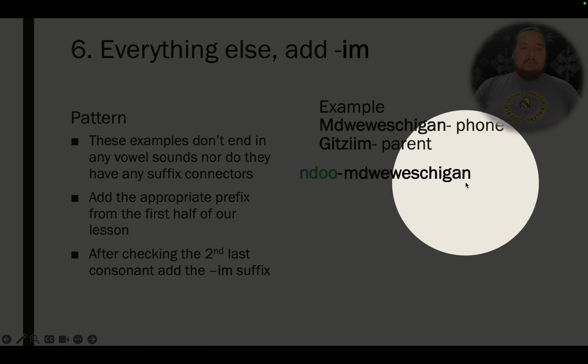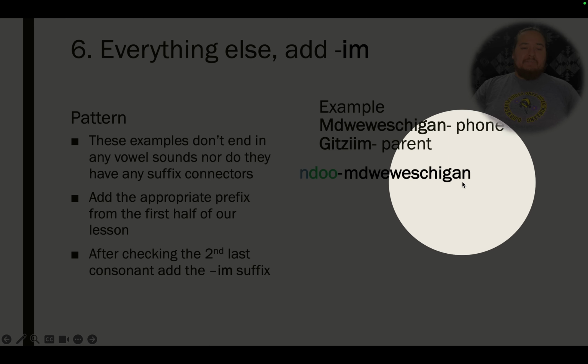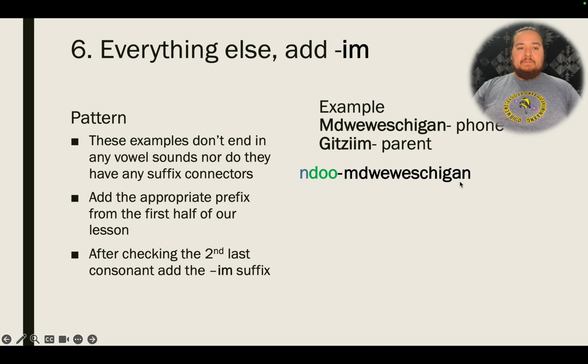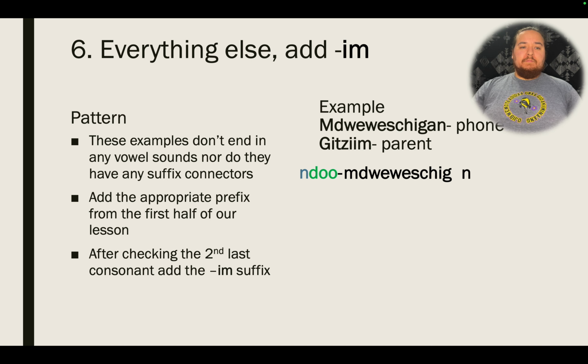So we have an N sound. That's our last consonant. Second last is G. Short vowel or vowel sound in front, short one after it. So we've got to get rid of that short vowel sound. Bring in the N and then add in our I am suffix. So ndom dweweshchignim for my phone.